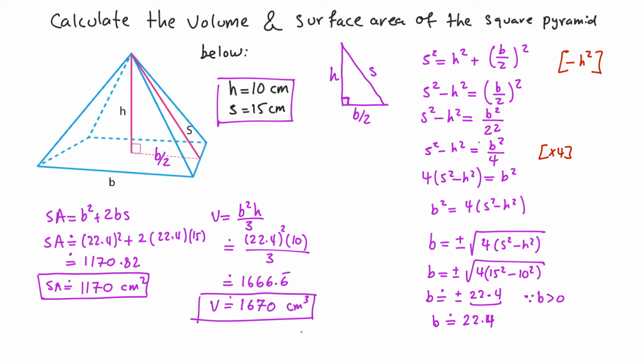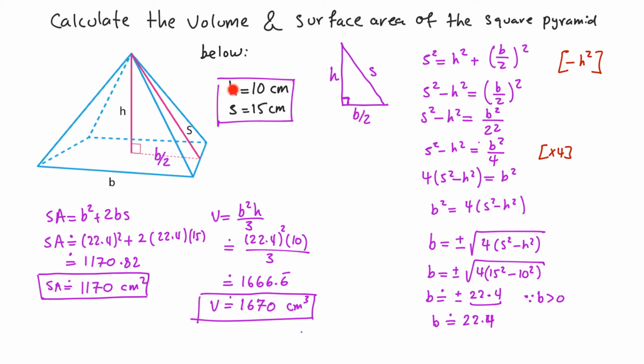So the steps to solve these types of questions is to first look at what you're given. Usually if you're given height and slant height, or any other information, you have to draw this triangle, the right angle triangle, label it as s, h, and b over 2, and use that set of information to find the unknown.